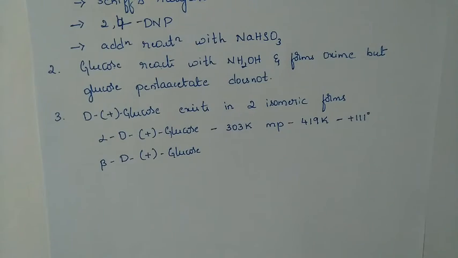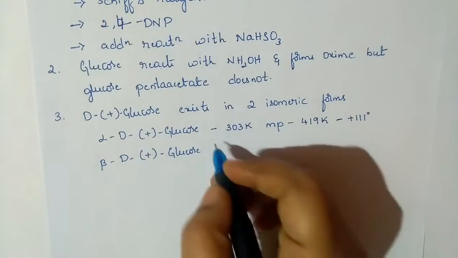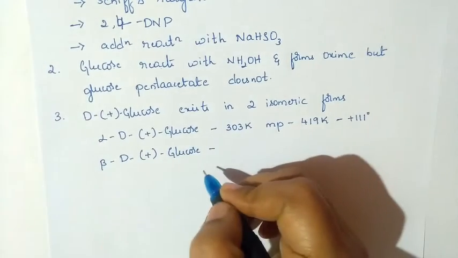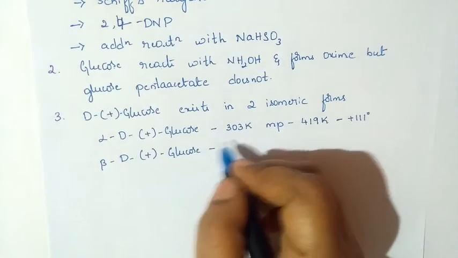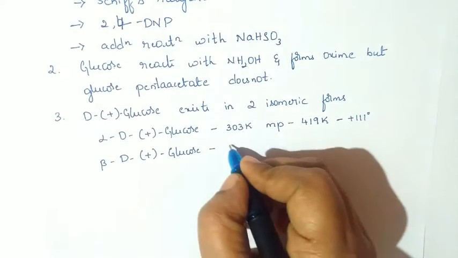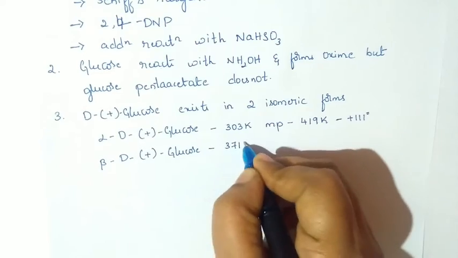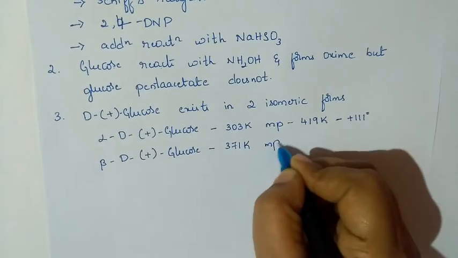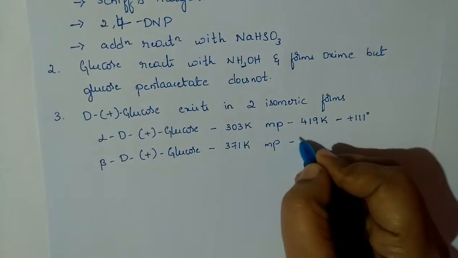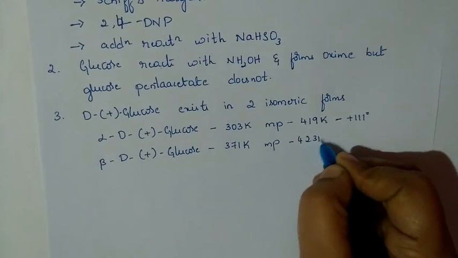Likewise, beta D glucose is crystallized above 371 Kelvin, and the melting point of this one is 423 Kelvin.